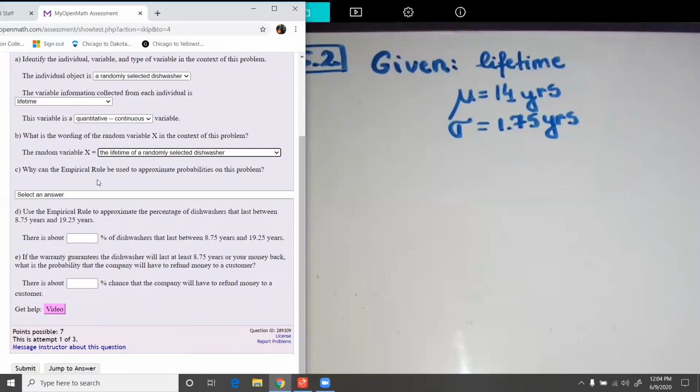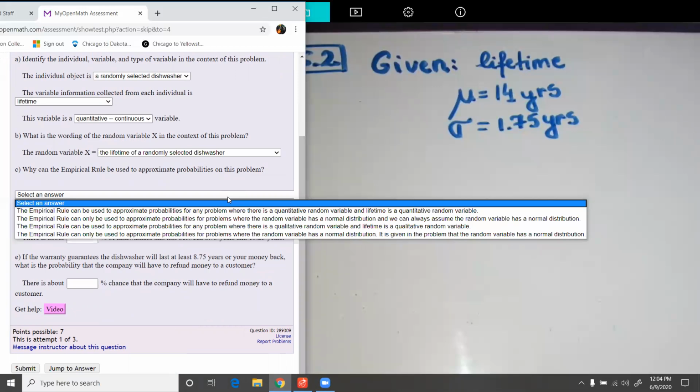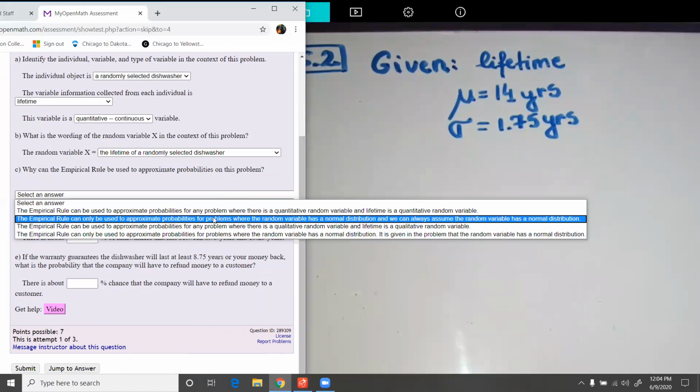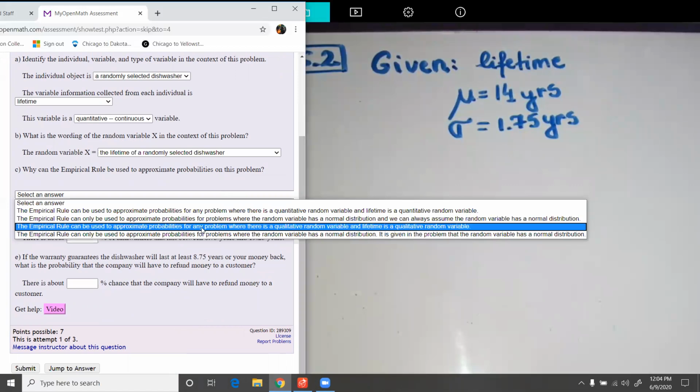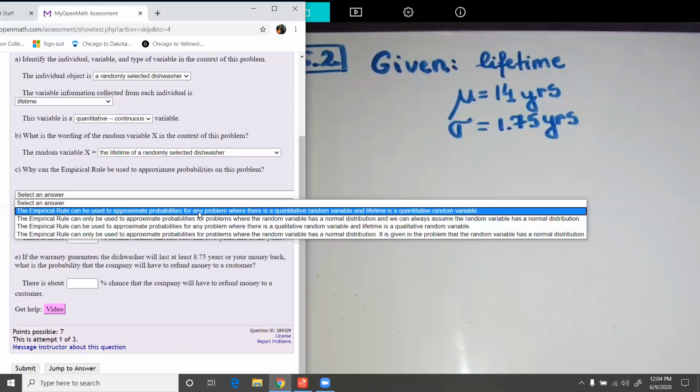Okay, why can the empirical rule be used to approximate probabilities of this problem? I have to think back to when we can use the empirical rule. Out of these options, you can say the empirical rule can be used to approximate probabilities for any problem where there is a quantitative random variable.